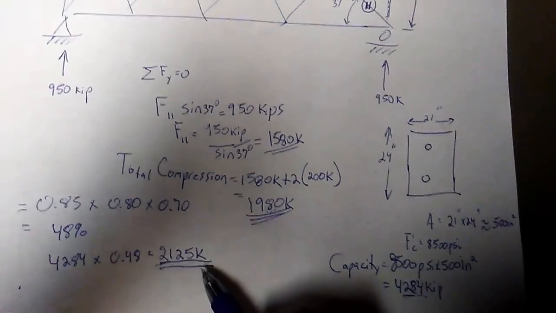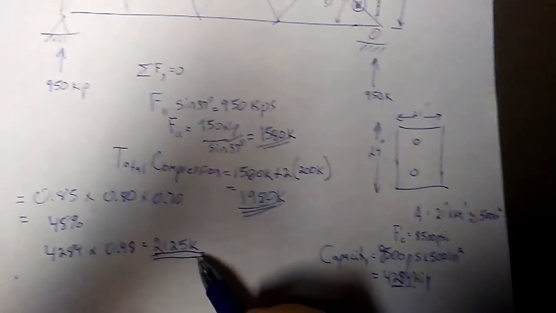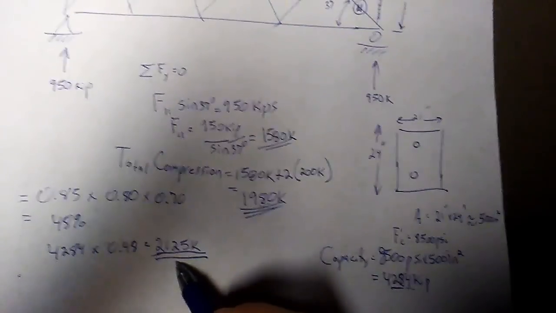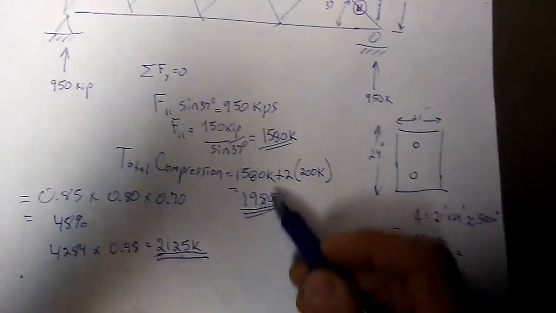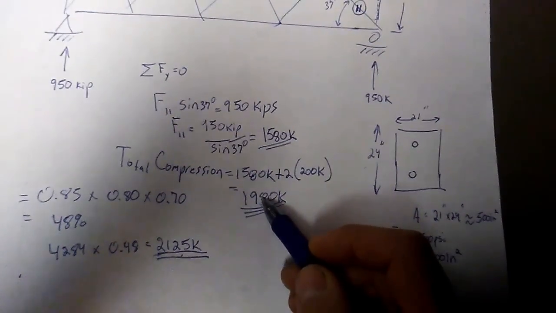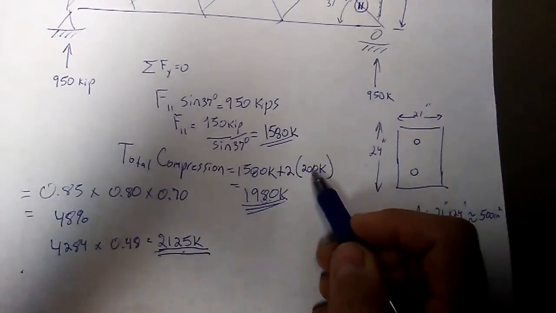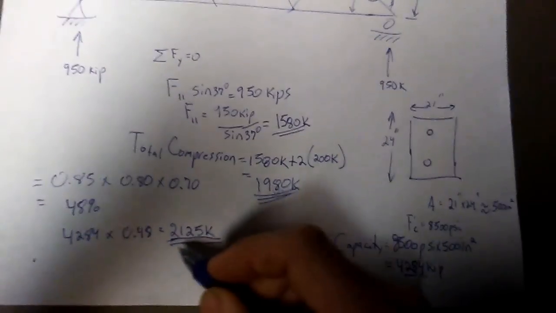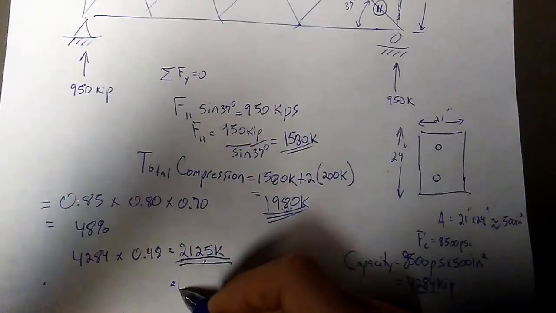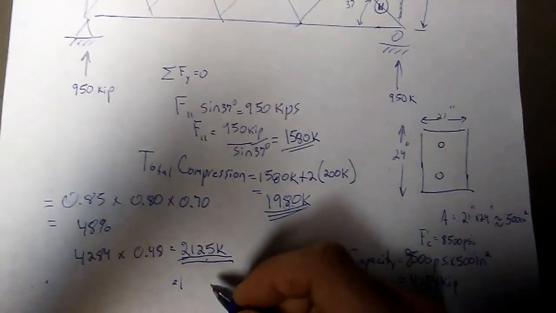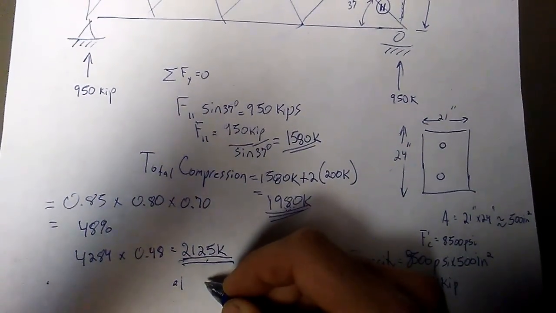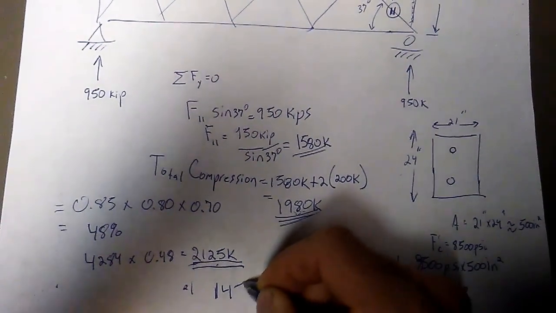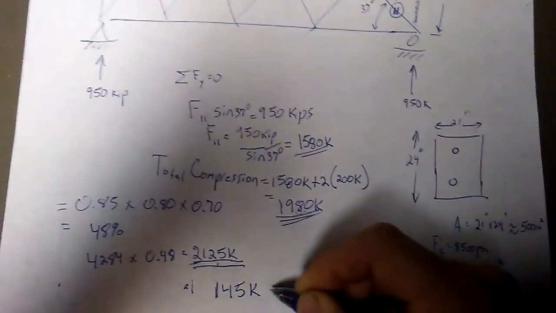So 2125 is higher than 1980. So that's good, right? I have a capacity of 2125, and I have a self-weight and a post-tensioning compression total of 1980. So I have my difference, 2125 from 1980, a 145 kip surplus.